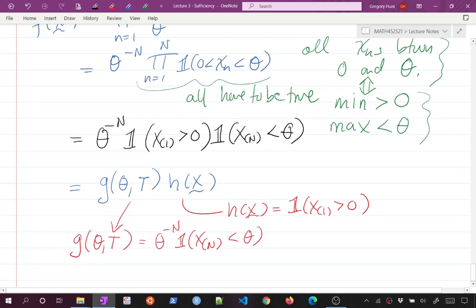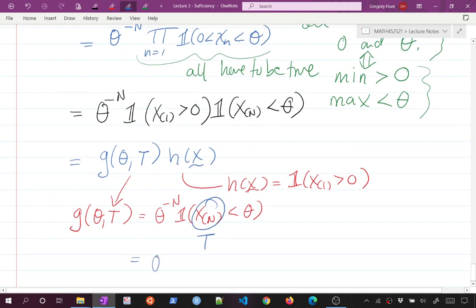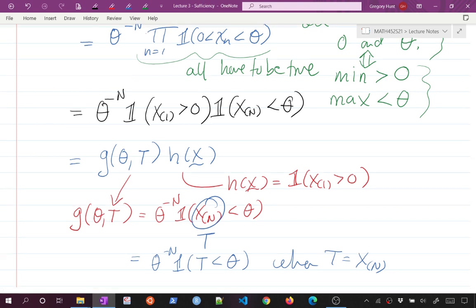So what should my t be? Well, if I make my t this, so that g of theta and t is theta to the negative n times the indicator that t is less than theta, where t is the maximum. Hey, that's a statistic. The maximum is a statistic. Then we're good, right? We've actually done it.